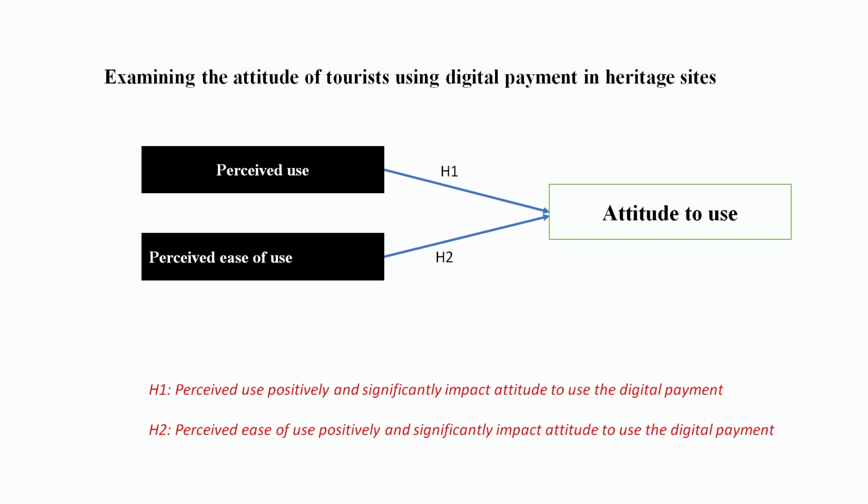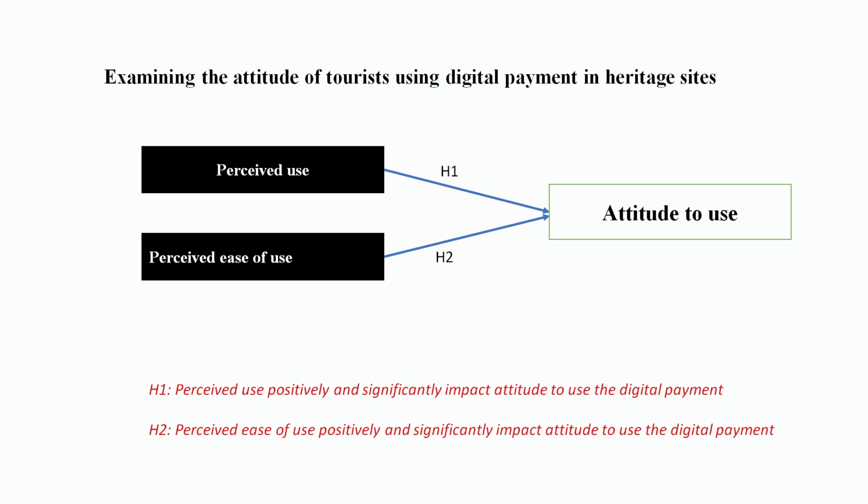So, when you use the digital payment system, I have taken two different aspects. Now, how do you feel about the usage? Number one, that is perceived usefulness, and number two, the easiness of use, that I call PEU, perceived ease of use. Both of these constructs, whether they will impact the attitude to use, that means maybe in the future again I would like to use it, that is what the question is.